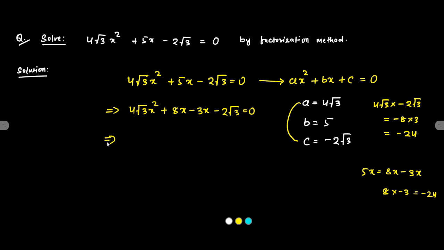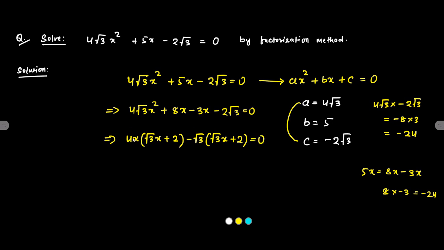So here we'll take 4x common: 4x into root 3x plus 2, minus root 3 common into root 3x plus 2, that is equal to 0.